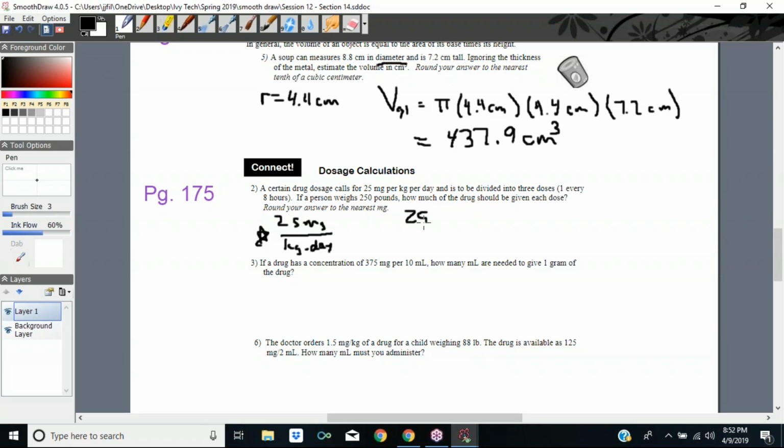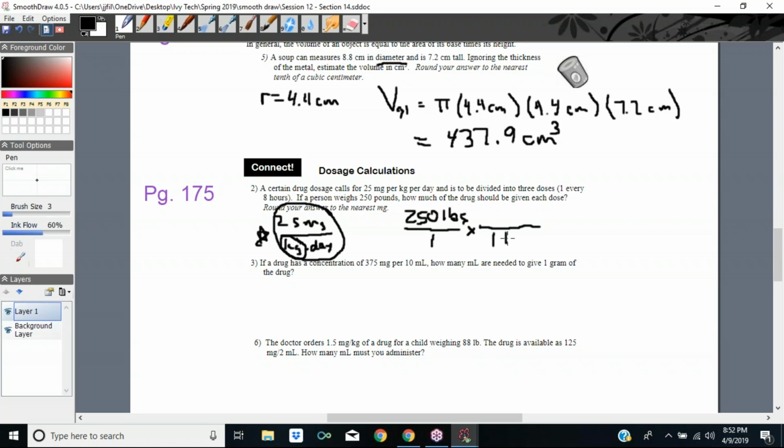I would take the 250 pounds, and this is how I would always do these. I need to convert them into kilograms so that my kilograms in that dosage will cancel out. So this is how I would always make these conversions. I have to change from pounds into kilograms, and we did this already.